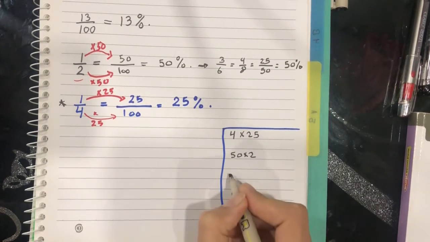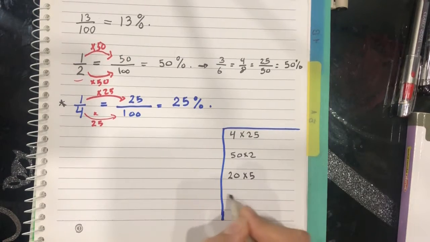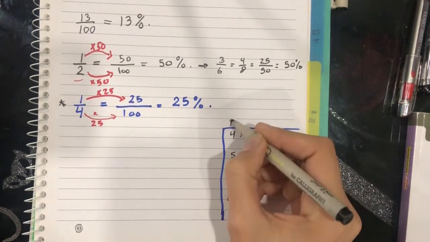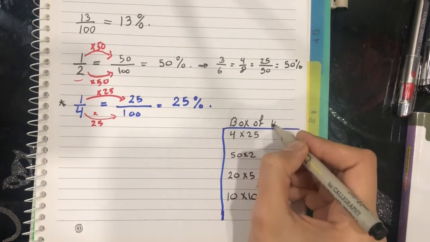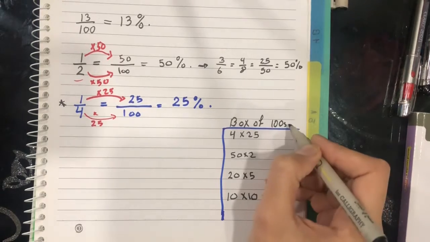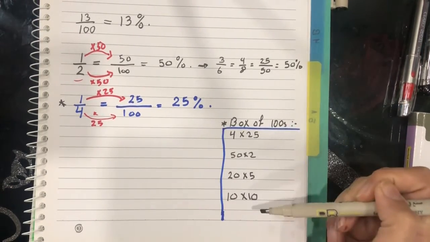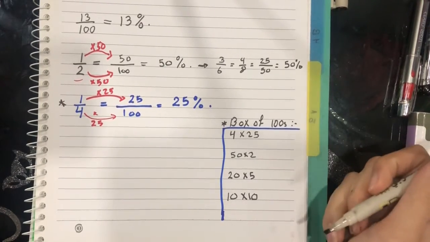If you had 20, you multiply it by 5. If you had 10, you multiply it, of course, by 10. This is called box of hundreds. So this is an easy way for you, no matter what the denominator is, you can always turn it into a percentage easily.